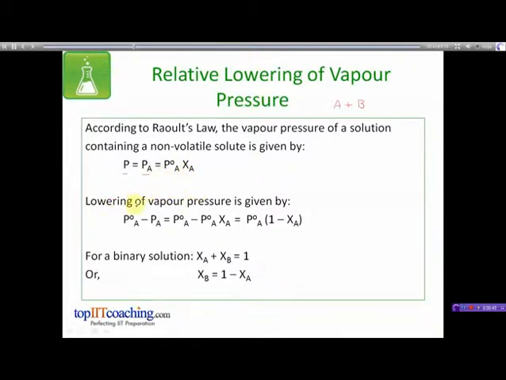So the lowering of vapor pressure will be the vapor pressure of the solvent in pure state minus the vapor pressure of the solvent in solution state, that is P naught A minus PA.